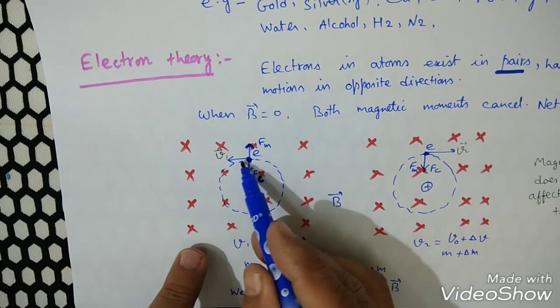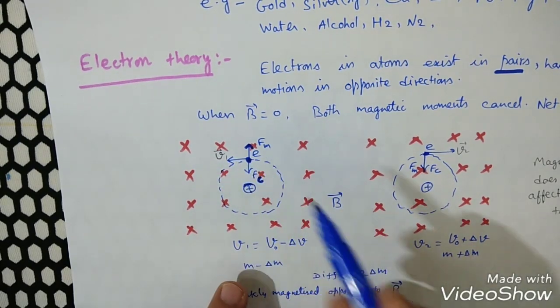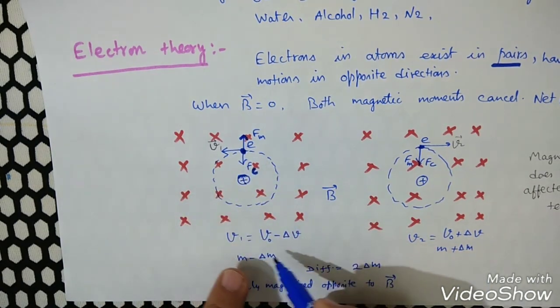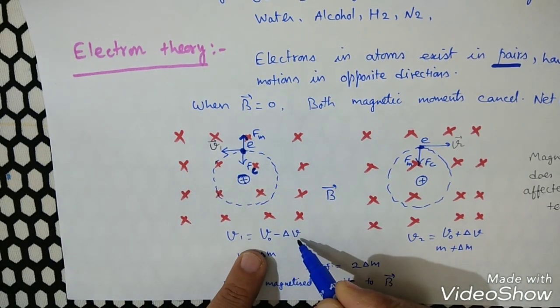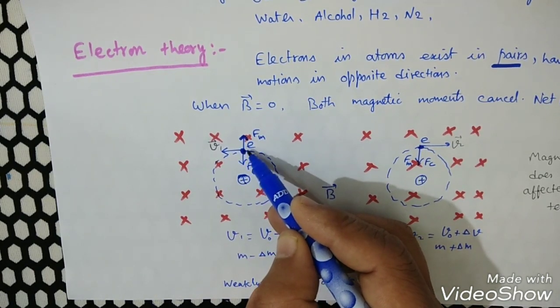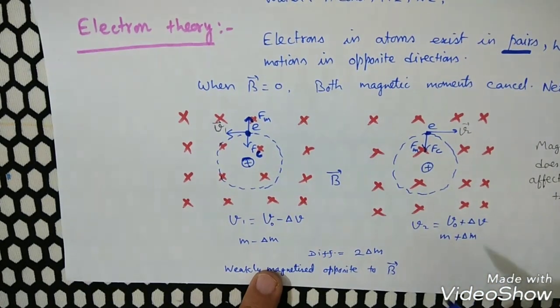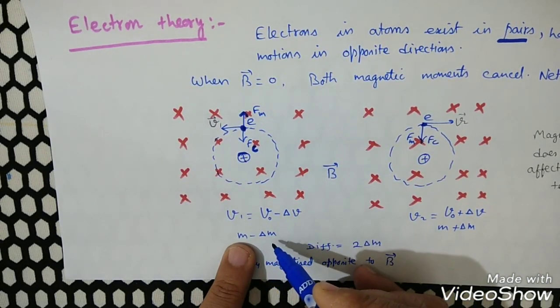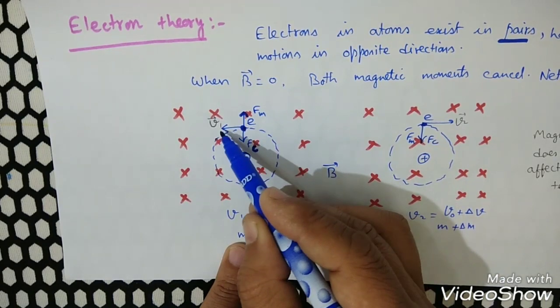So its velocity, which is v1, will be reduced, and the reduced value will be v0 minus delta v, because of this opposing force acting on the electron due to the magnetic field. Its magnetic dipole moment will also get reduced because its speed is reduced.